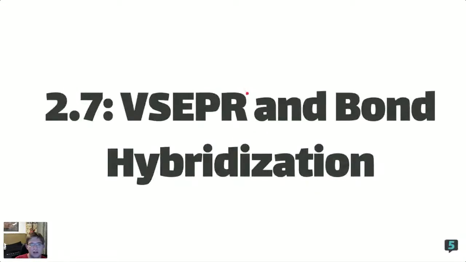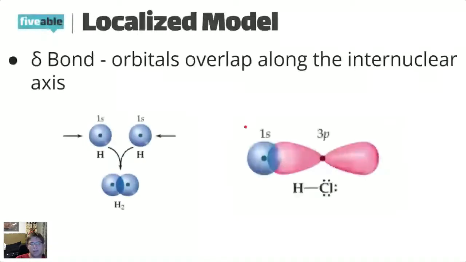So there are a few things you need to know about bonding before we get into VSEPR and hybridization. We're going to talk about the major form of bond theory covered on the AP exam, called the localized model of bonding. According to the localized model, there are two types of covalent bonds: a sigma bond and a pi bond. A sigma bond is when two half-filled orbitals overlap to create one filled orbital.